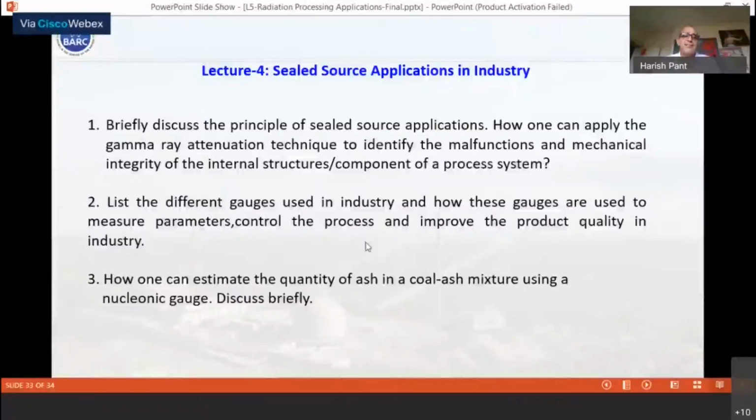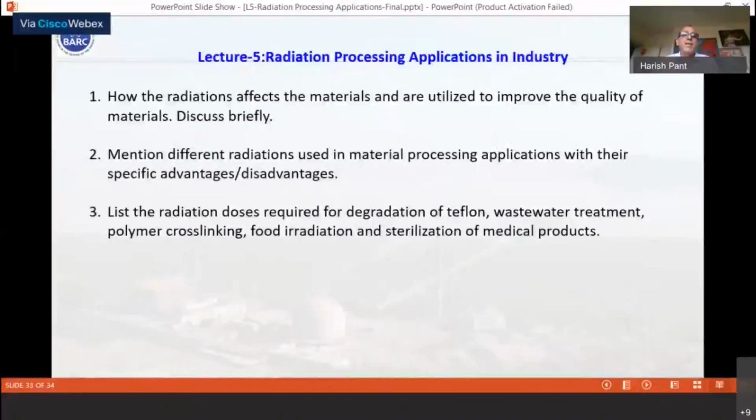There are again 3 small questions. In the fourth lecture, this is radiation processing application. How does radiation affect materials and how is it utilized to improve the quality of the material? Discuss briefly. I discussed it in this lecture.